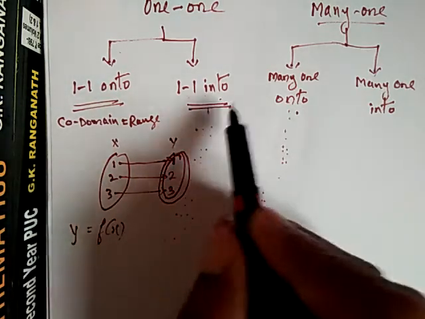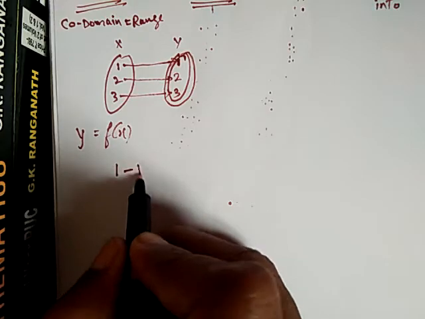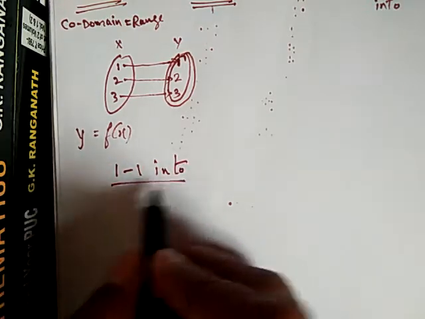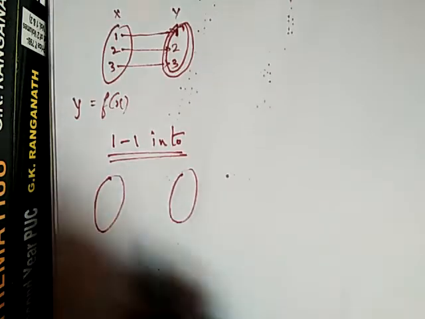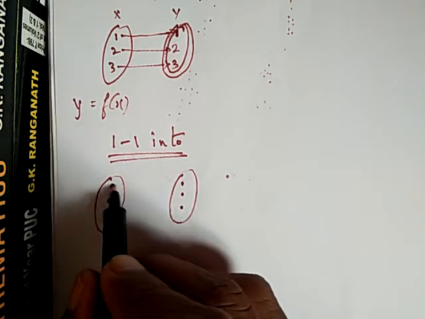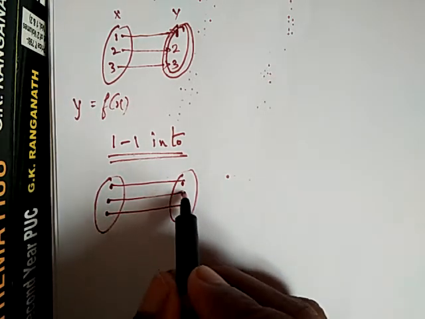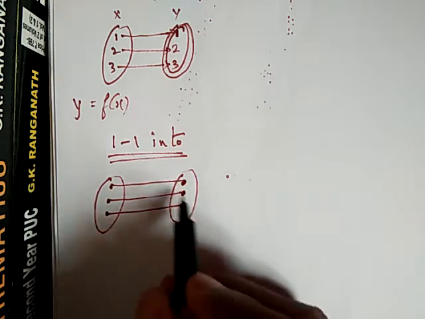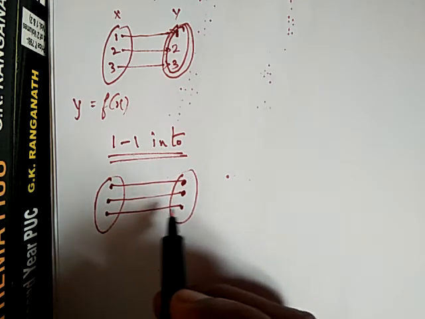When do we say one-one into? When the domain and codomain are there, and some elements are associated like this, and all the elements in the codomain have images, it is one-one onto.